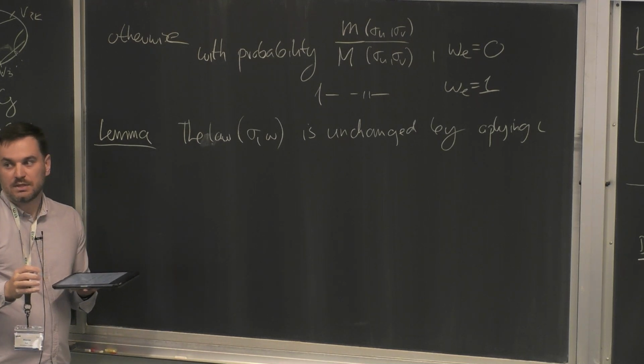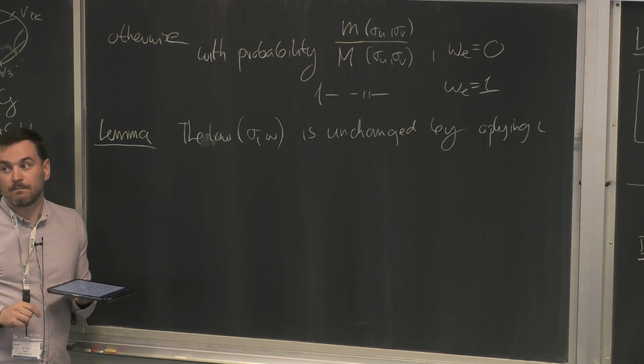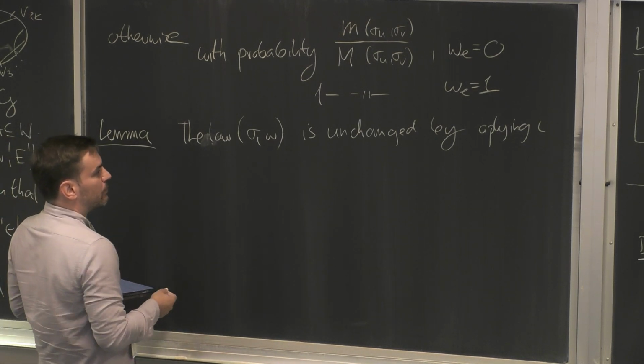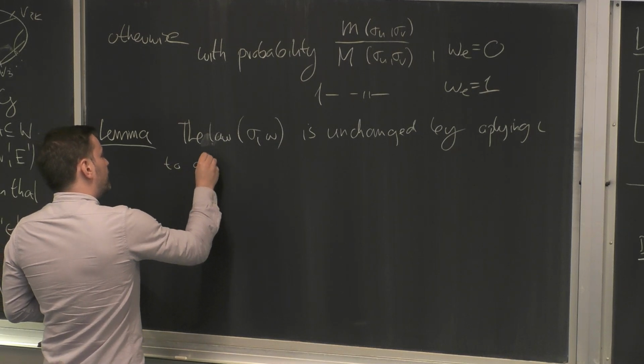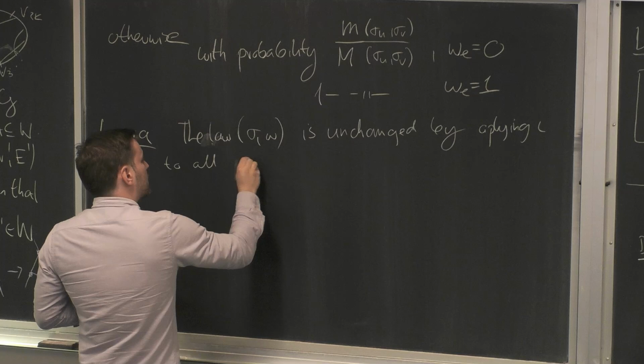So for every open cluster, I can flip all the spins independently of the clusters. And this will preserve the distribution. All or to one, whatever you do, to all open clusters.